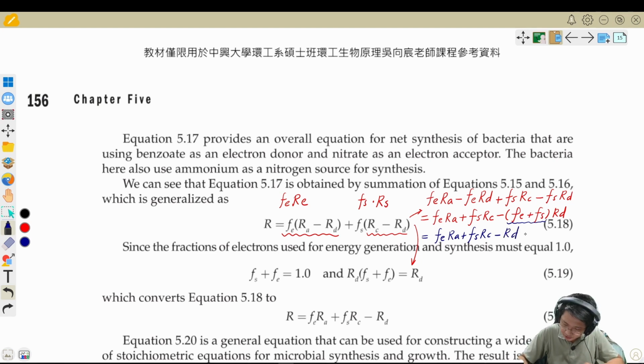So that's the equation 5.20 here. It's a simplified overall reaction expression. So we just times the Ra with our Fe ratio and also plus the Rc with our Fs ratio and minus the overall electron donor reaction.